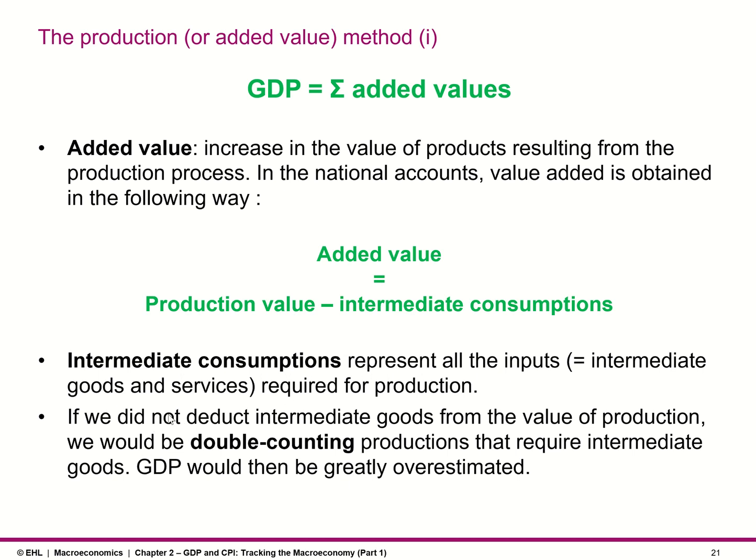We need to deduct these intermediate consumptions, because if we would simply add all the production values of all firms in the economy, we would be double counting the productions that require intermediate goods. And as a consequence, GDP would be greatly overestimated.